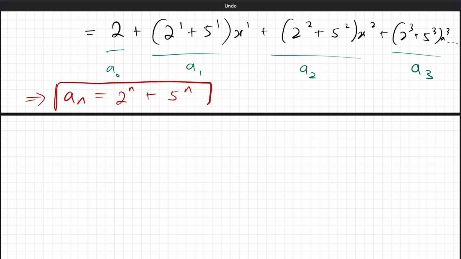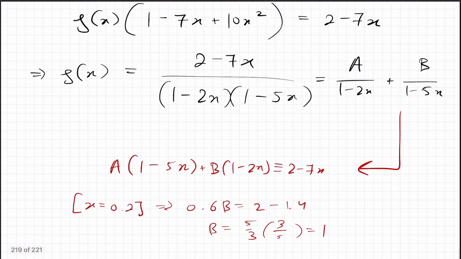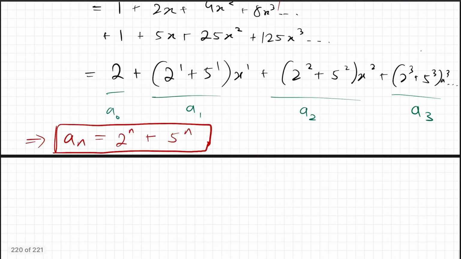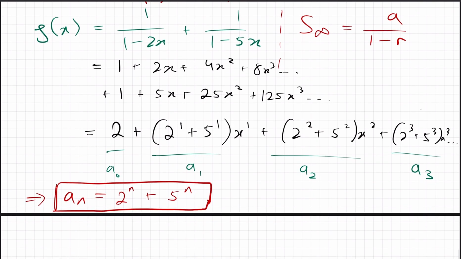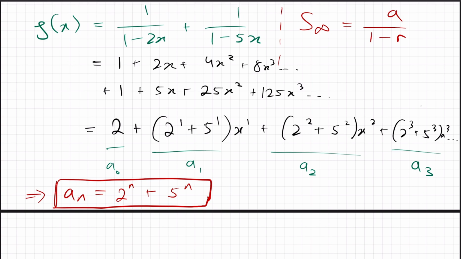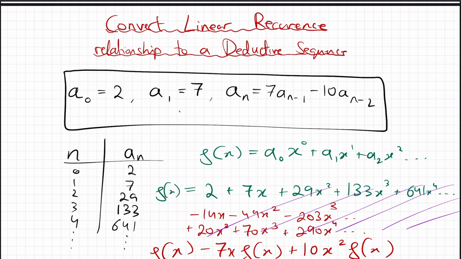We can find a simple closed-form sequence by just using a generating function, using some clever cancellations, and then writing it in terms of an infinite series with different summations. And it just pops out just like that. We're able to prove that a of n is 2 to the n plus 5 to the n. So there's our answer: a of n is equal to 2 to the n plus 5 to the n.